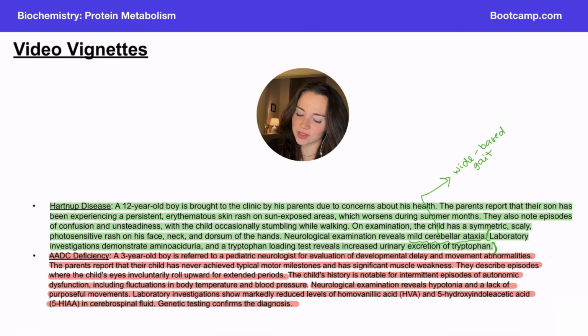What you have to know to understand those lab results: homovanillic acid is a breakdown product of dopamine, and 5-HIAA is a breakdown product of serotonin. So if you've watched this chapter, you would have known the HVA bit. You might not have known what to do with the 5-HIAA, but now you do. And we have reduced levels of these breakdown products because we have reduced levels of their precursors in AADC deficiency.